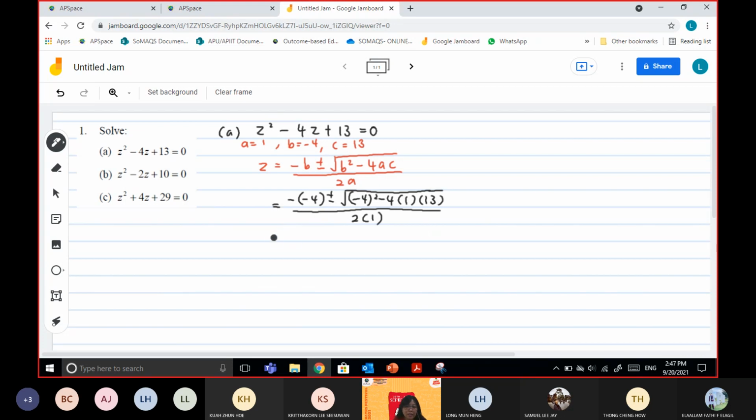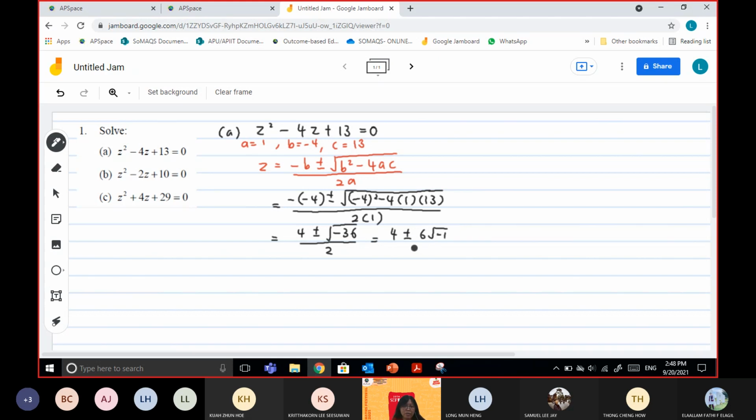Okay, then we simplify it, so I get a 4, then in the square root I have negative 36, then divided by 2. Then I can simplify further. I can write it as 6, since the square root of 36 is 6.